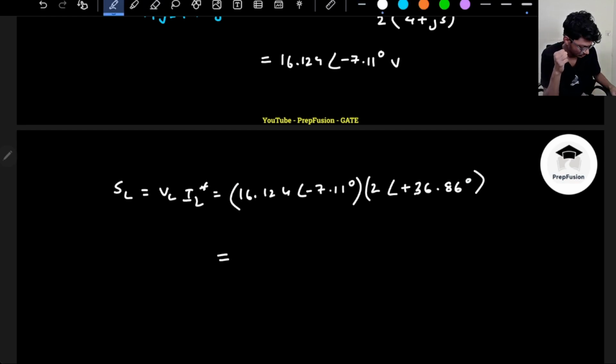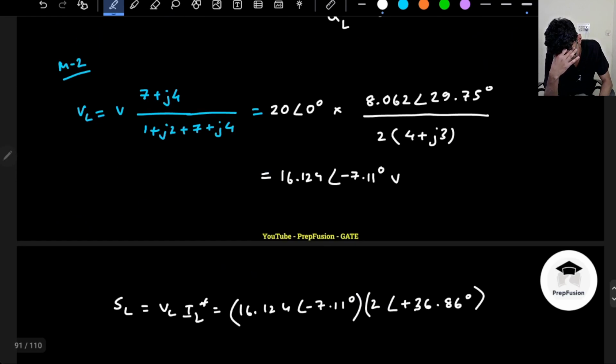Okay, so this will come out to be 16.124 into 2, which is 32.25. And what is the angle? Angle is minus 7.11 plus 36.86, so this will be 29.75.